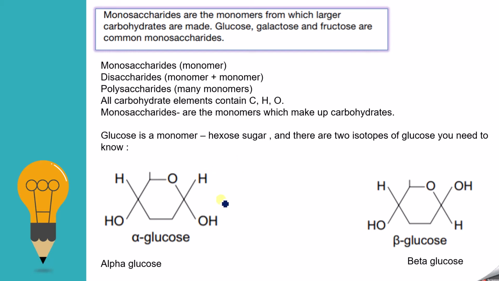And the only differences between these two is the right hand side of the two monomers, and you can tell straight away that they've just been inverted or flipped. So you need to find a way of memorizing these diagrams without getting confused.